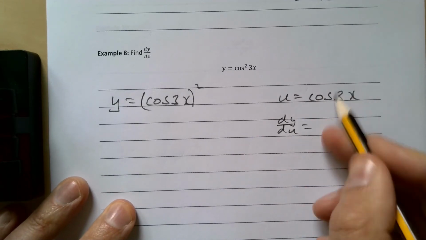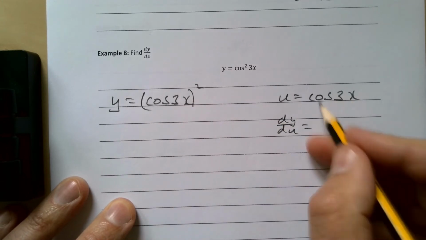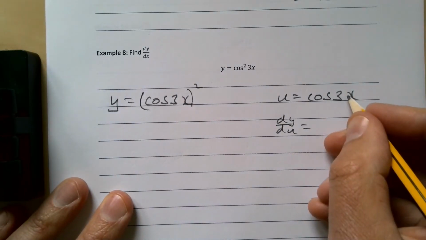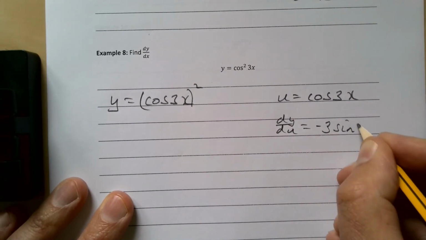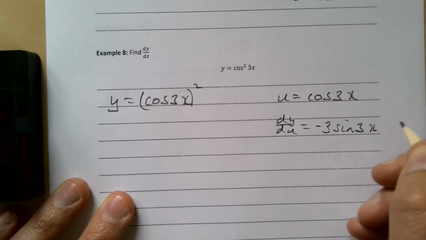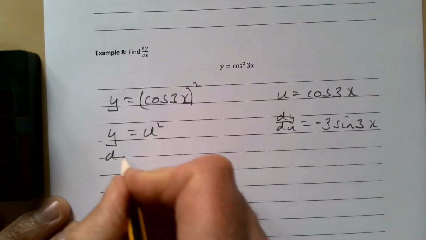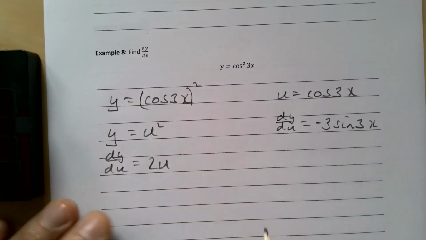This is actually a function of a function within a function, if you want to think about it like that. But we're just going to do this all in one big lump. So that cos differentiated gives me minus sine, so du by dx is going to be minus 3 sine 3x. y is u squared. dy by du, then it's going to be 2u.